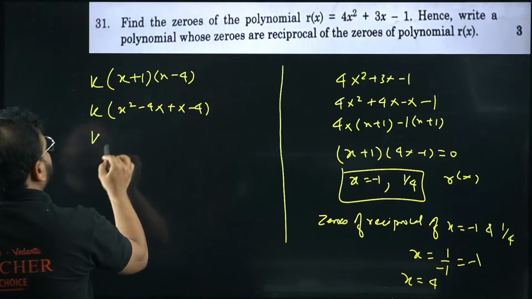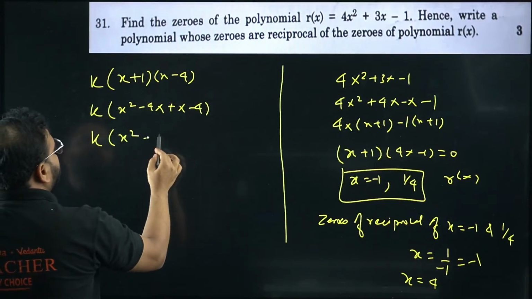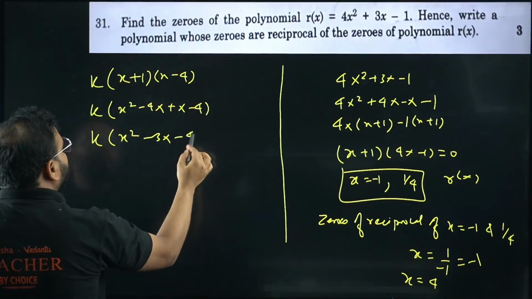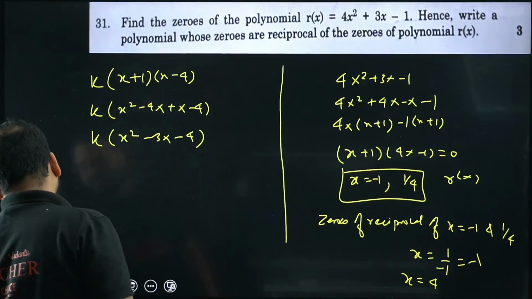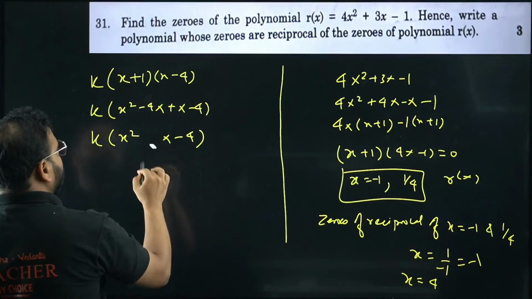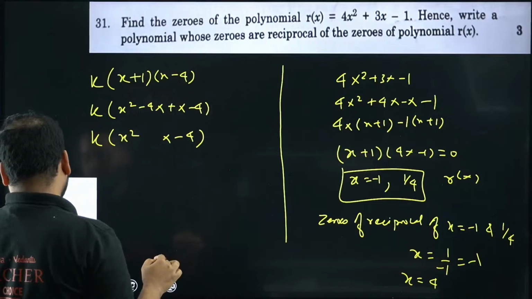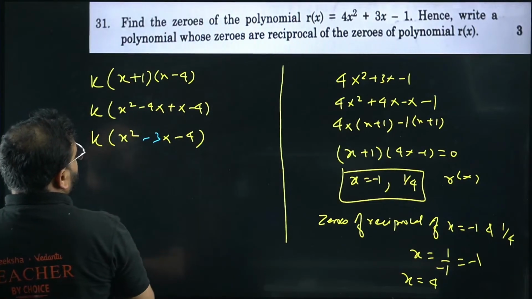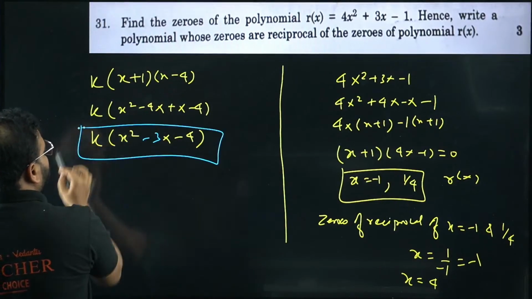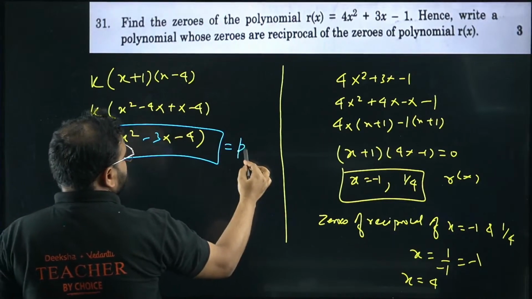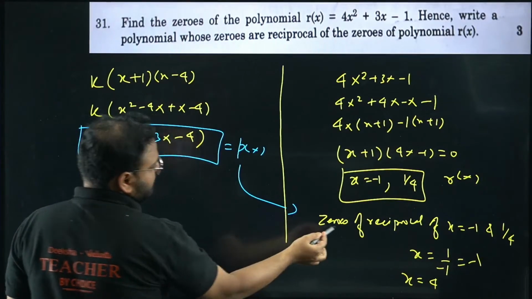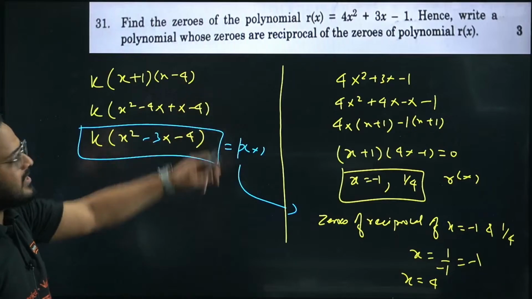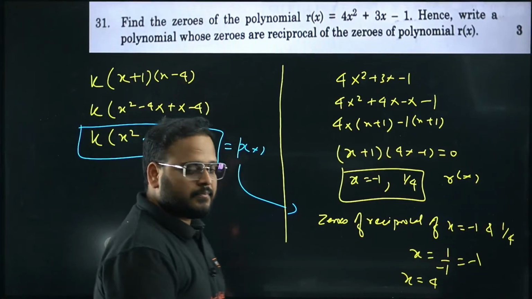What I get now? K times of x square minus 3x minus 4. Please check. Alright, k times x square minus 3x minus 4 is your polynomial, the reciprocal of the polynomial given as px. Okay, done. Moving on.